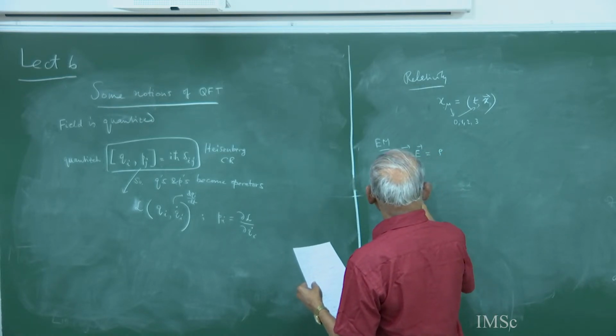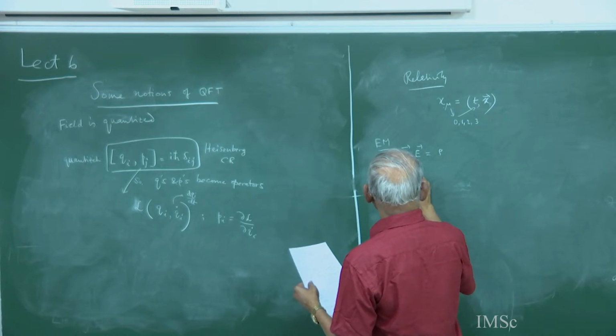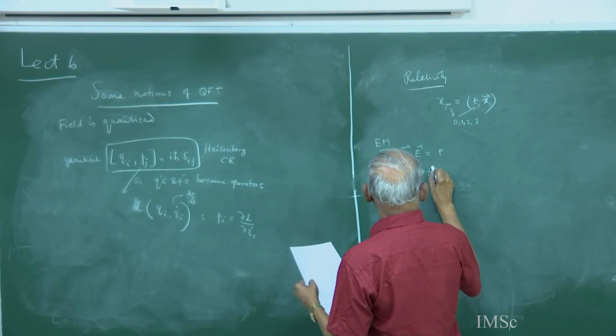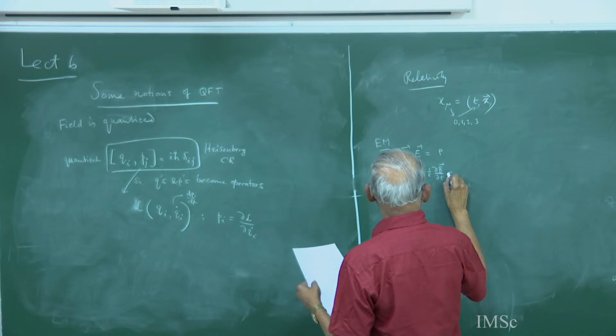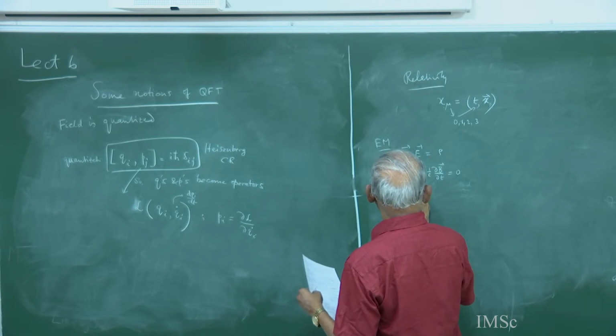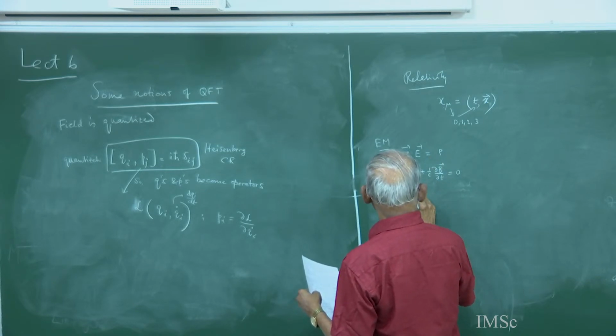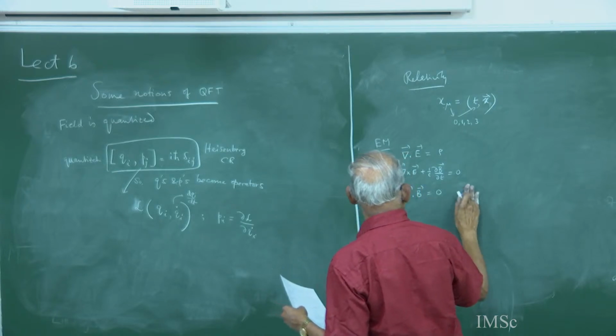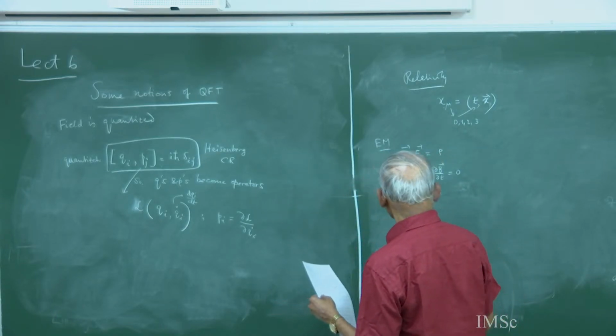And then del cross E plus 1 over c, I think, dB/dt. E is the electric field, B is the magnetic field. So this is Faraday's law of induction, this is Gauss law, and there is a Gauss law for the magnetic field also, but the right hand side is 0 because no free magnetic monopoles have so far been discovered.